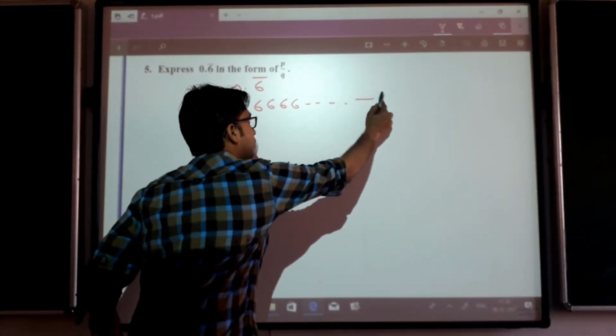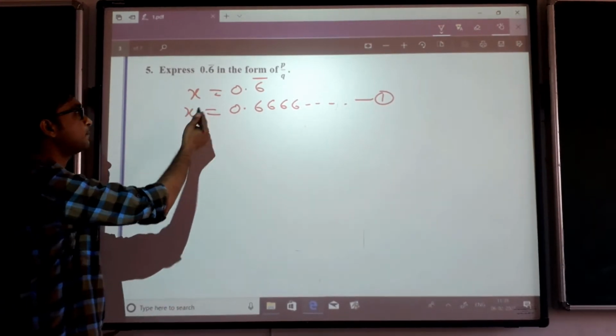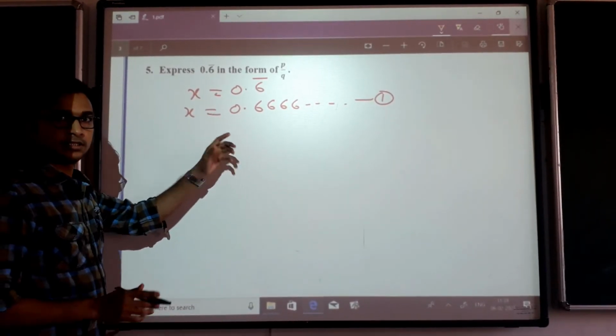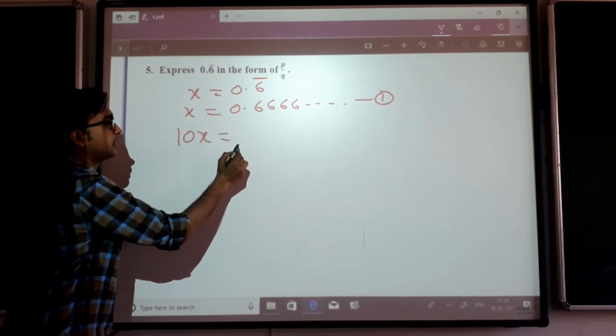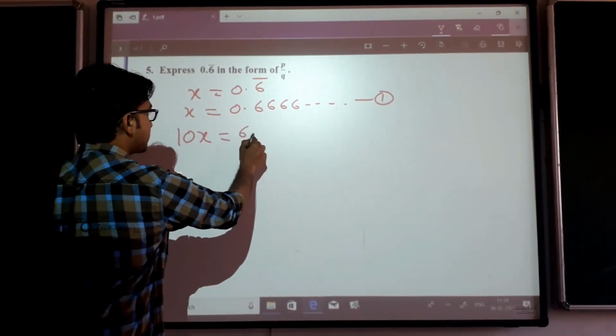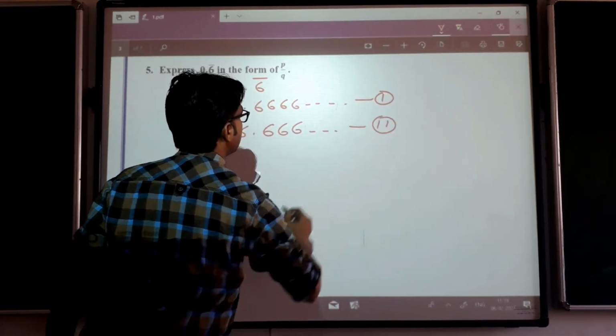So now make it equation number 1. After making it equation number 1, just simply multiply equation number 1 by 10. So we will get here 10x equals to 6.666 and it will go on, and name it equation number 2.